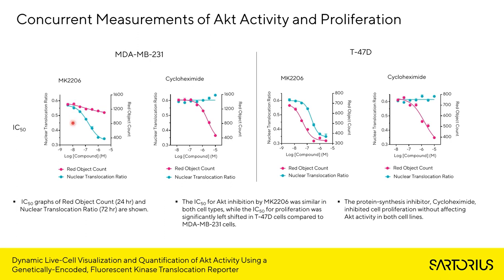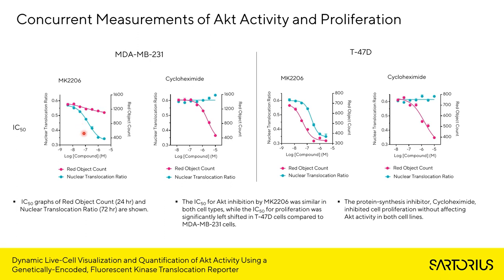The IC50 for proliferation, however, was significantly left shifted in the T47D cells compared to the MDA-MB-231 cells. As you can see here in the T47D cells in the pink, we see a fairly potent effect on proliferation, whereas our curve in the MDA-MB-231 cells is fairly flat as proliferation is not being inhibited.